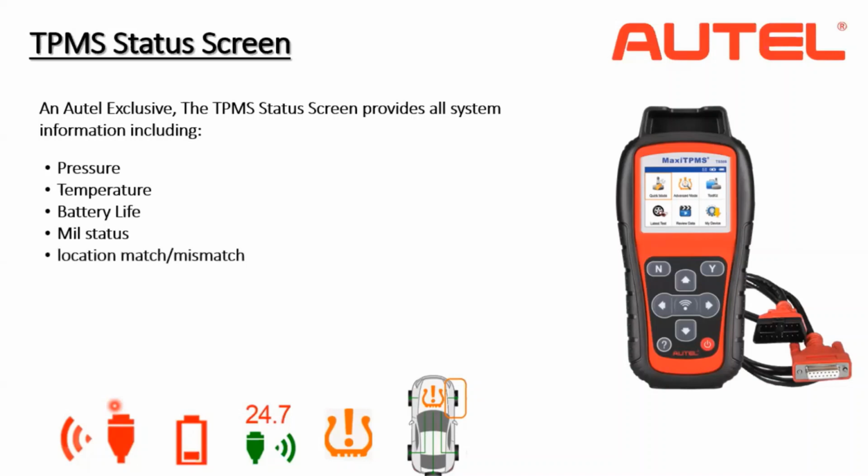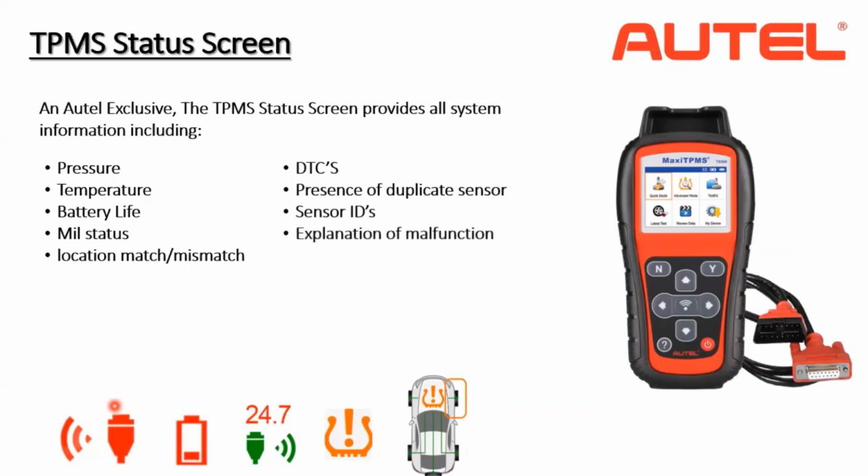Also the location match or mismatch, like the example I told you about rotation. If the location is mismatched, it will show you. And the DTCs, the diagnostic trouble codes, and the presence of a duplicate sensor. If two sensors hold the same program or same ID, it warns you on that as well. And the sensor ID, and an explanation of the malfunction, or the presence of a faulty sensor.